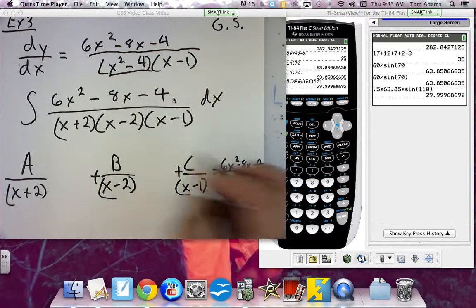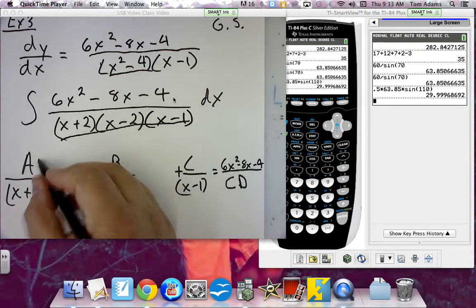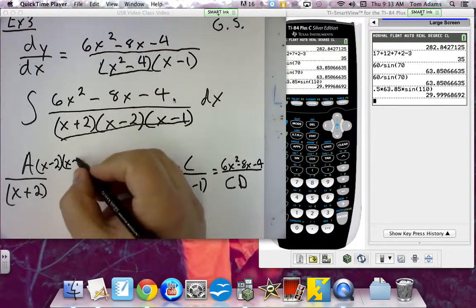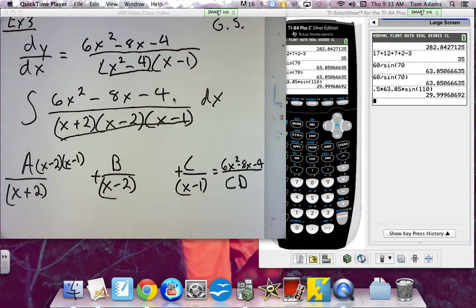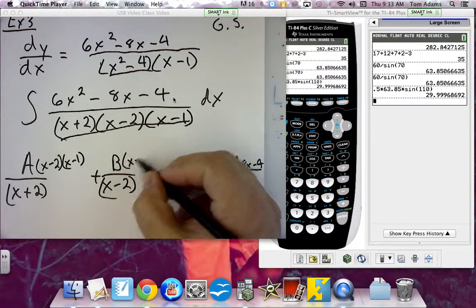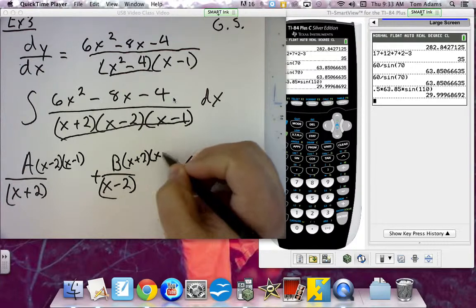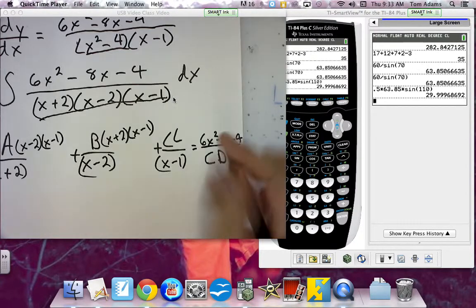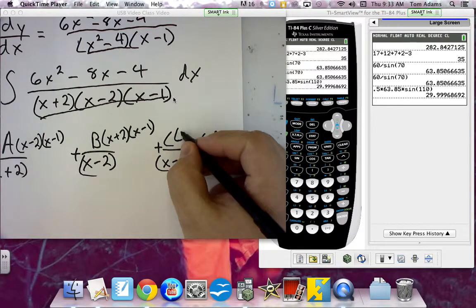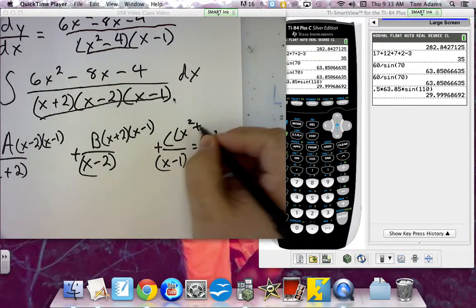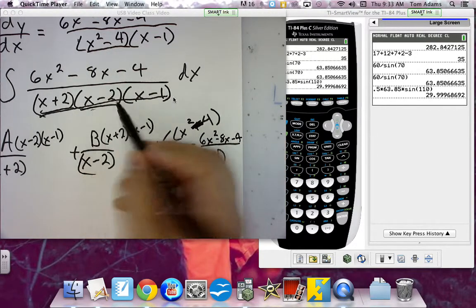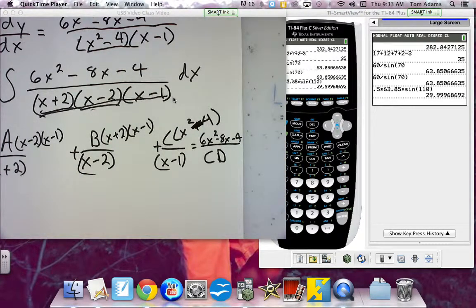So in the top here, I'm going to multiply A by x minus 2 and x minus 1, because that's the only thing that's missing. On B, the only thing missing is x plus 2 and x minus 1. And on C, what's missing is x squared minus 4, which is x plus 2 times x minus 2.